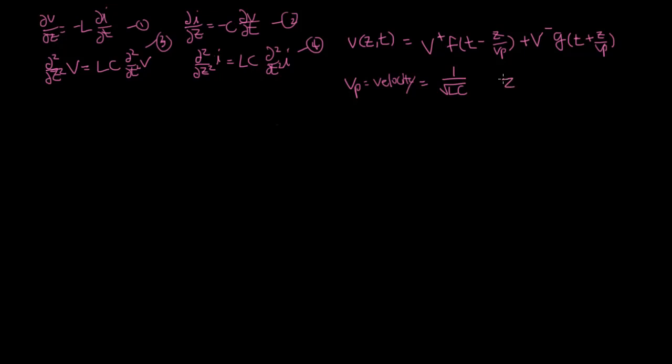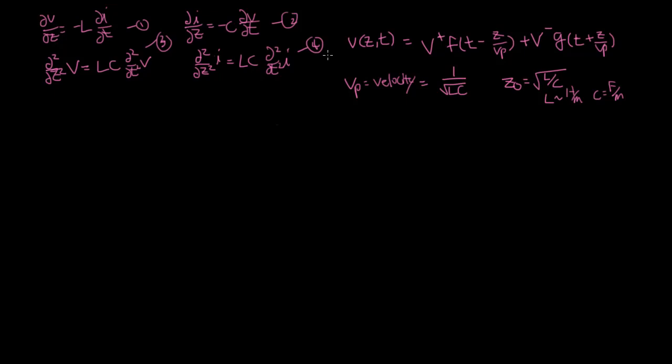We'll also define another quantity: the impedance of the transmission line is the square root of L over C. Now remember, these are all per unit length. L is still Henrys per meter, C is still Farads per meter.